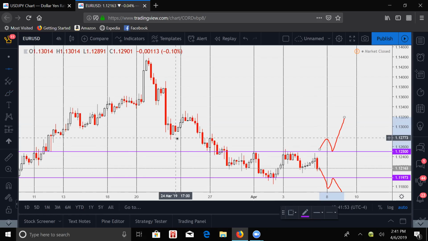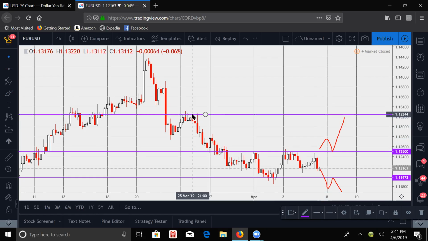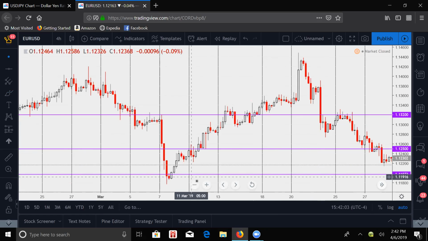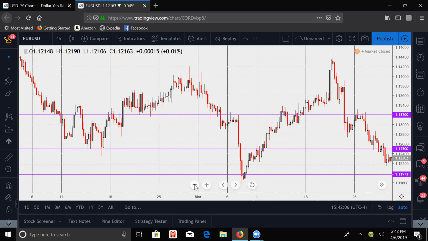And if it was to go up, I guess somewhere around 1.32 would be a good take profit area for a buy.